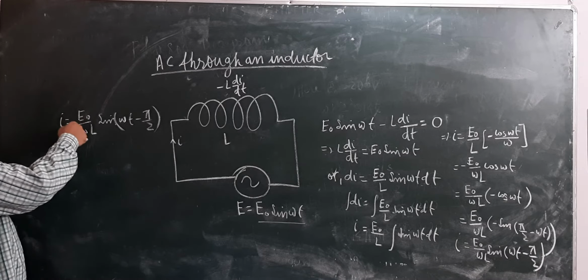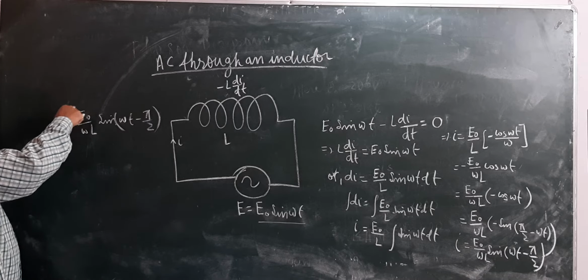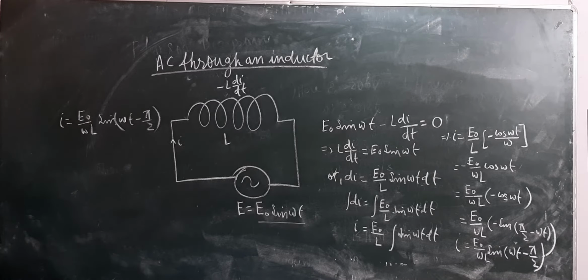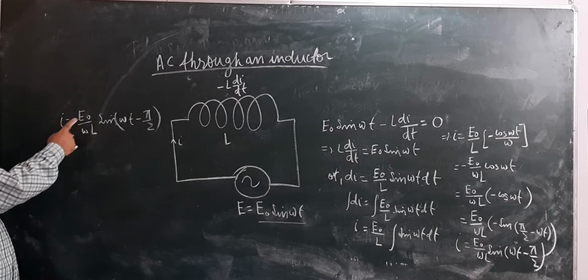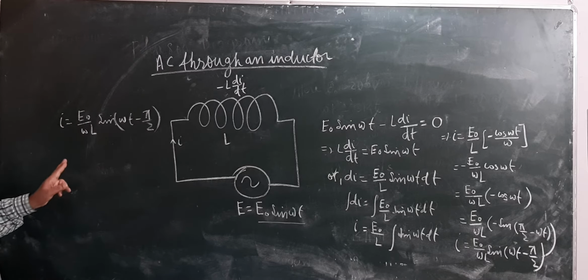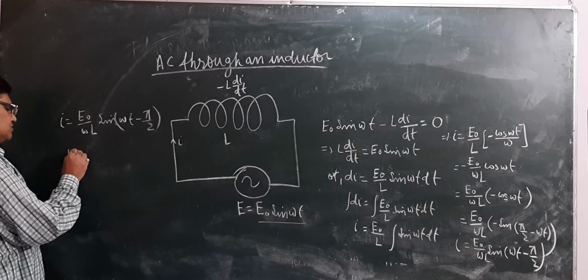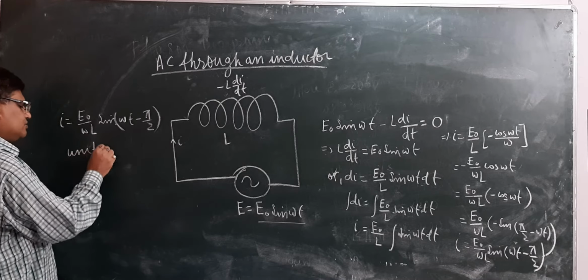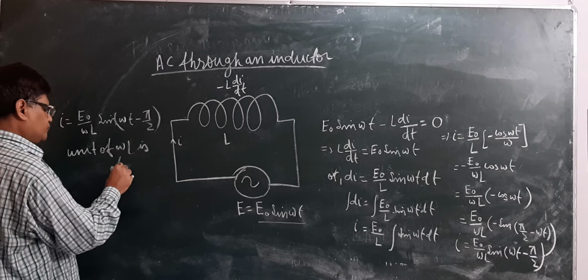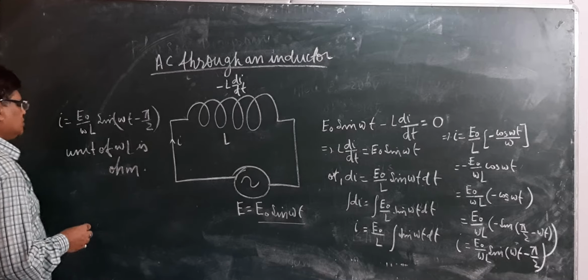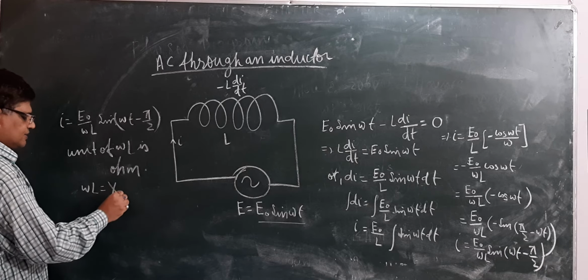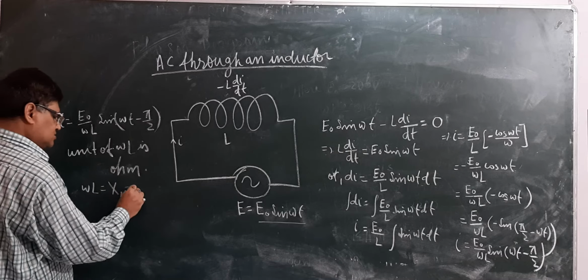See here, this is the potential difference, and this is current, so this should have a unit for resistance. So the unit of omega L is ohm. So this omega L is called inductive reactance.